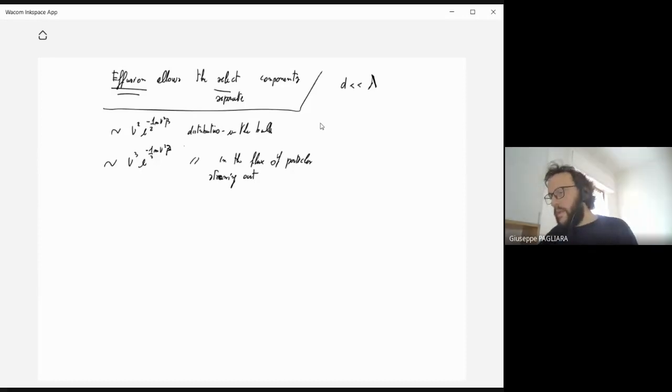And the next topic is the ensemble theory, which is basically the hardcore of statistical mechanics.